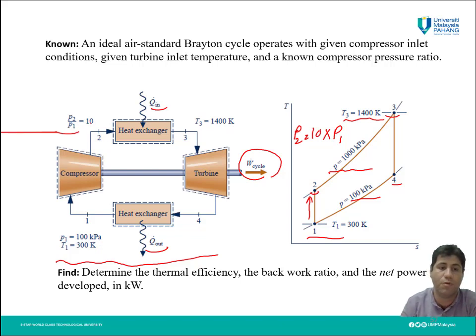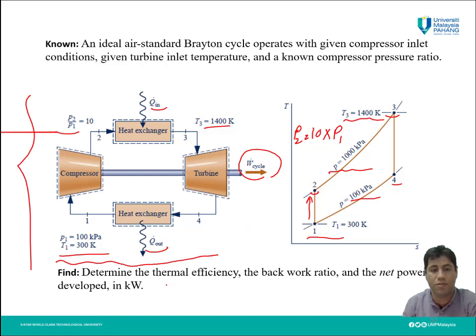And P2 to P1 also, as I said, is equal to 10, T3 is 1400 Kelvin, P1 and T1 also are given. This is just an illustration of what is mentioned in the question instruction. Now we need to determine thermal efficiency, back work ratio, and net power developed in kilowatt actually.